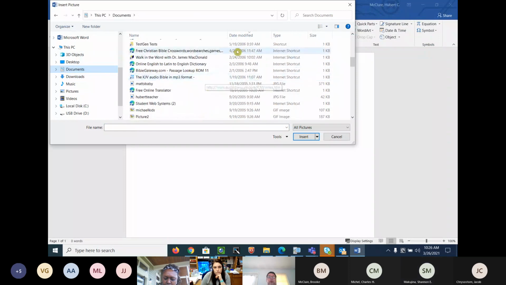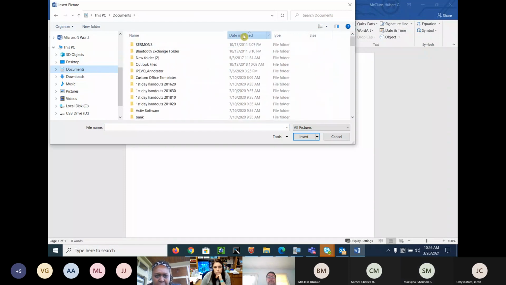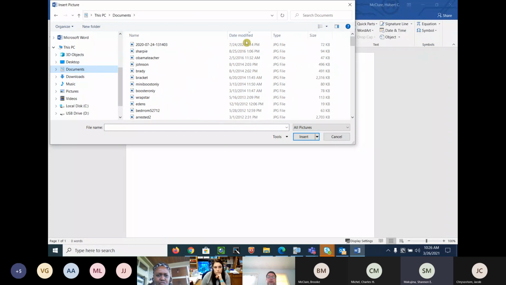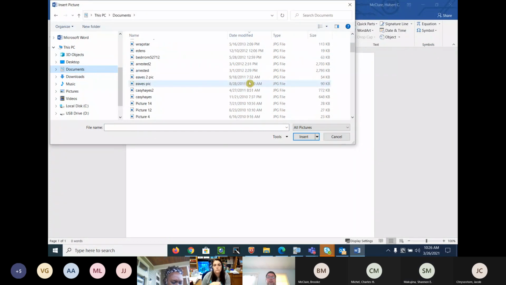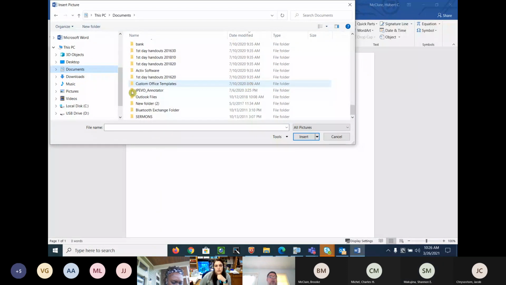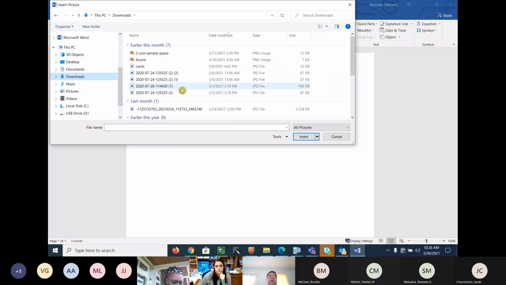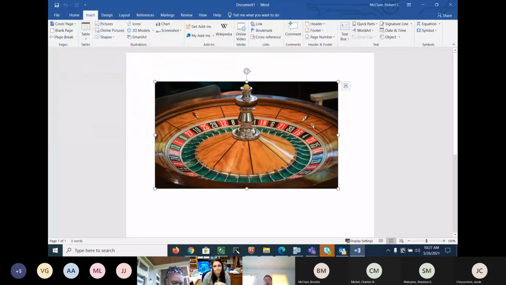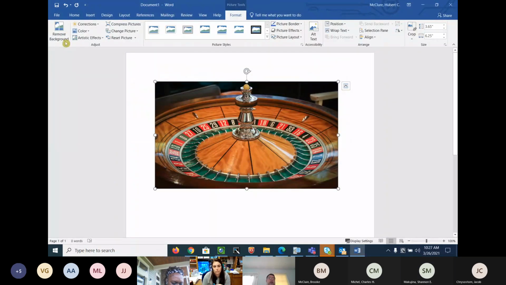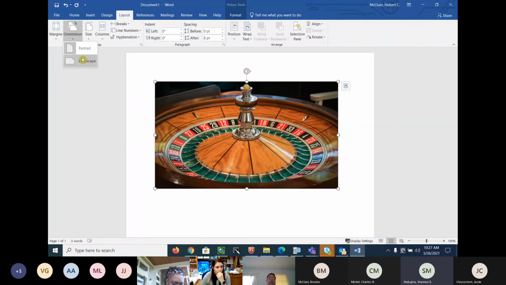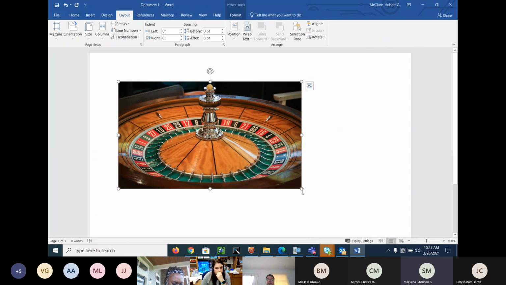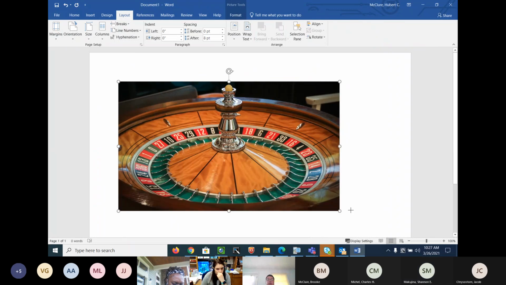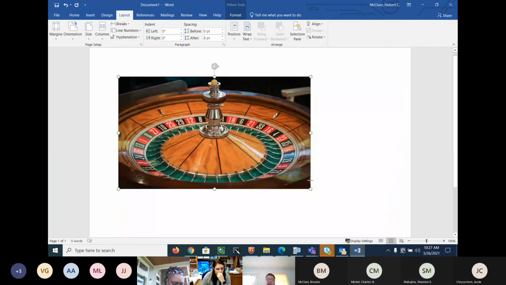Date modified should be at the top. Let me go to landscape. Okay, everybody see that now? Y'all see that black 8 over there?